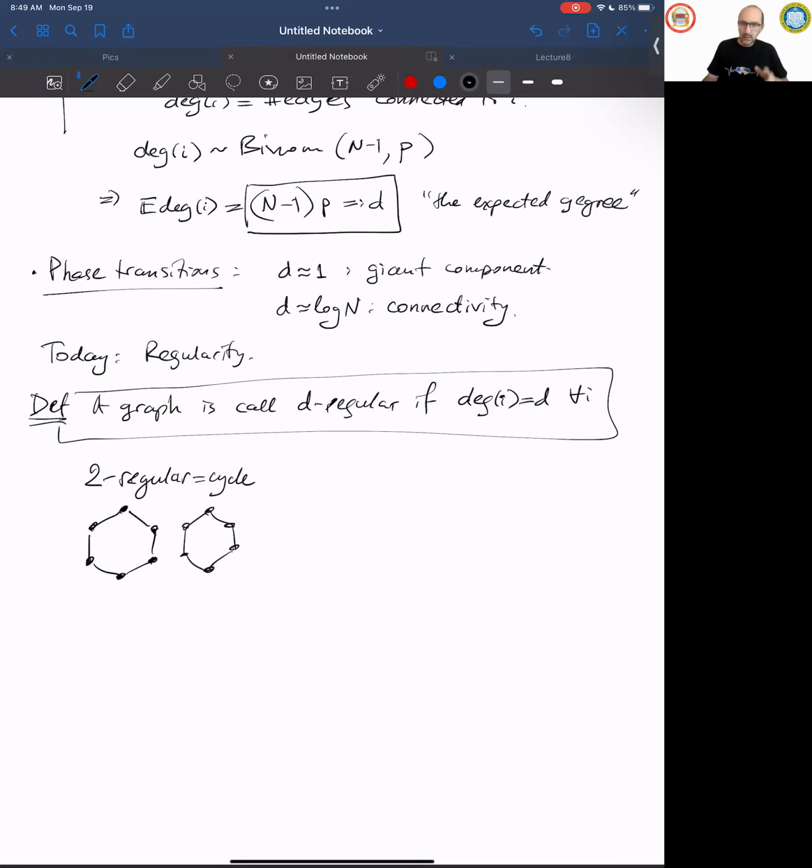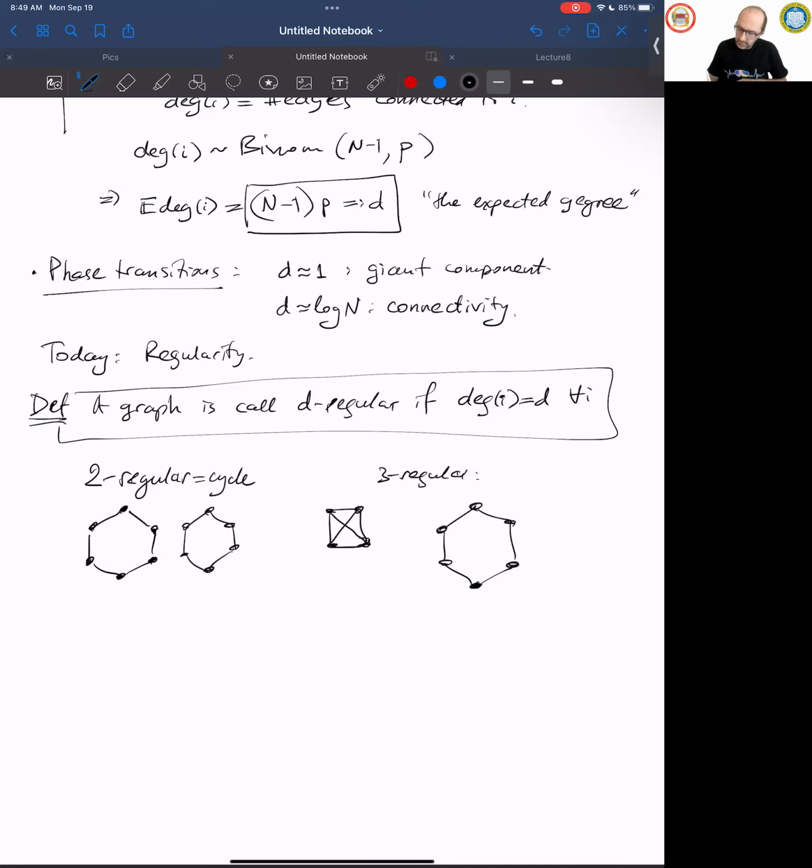Perfect. A three-regular graph. That's harder, actually, surprisingly. Triangle, no, triangle is not good. Four. I think this is a three-regular graph.